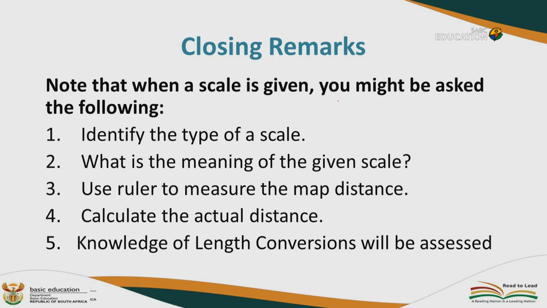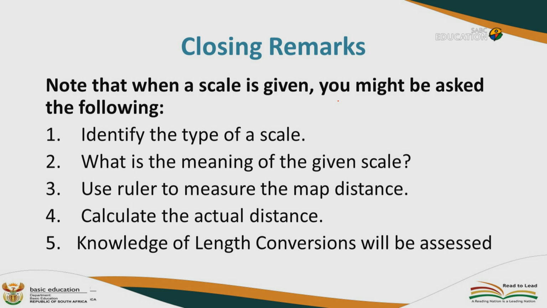And then learners, just a tip on this section again. Take note that whenever the scale is given in the exams, number one, most of the time the examiner can ask you to identify the type of scale that is used. So you should know it's either a bar scale or a number scale, or the other person can say a ratio scale.